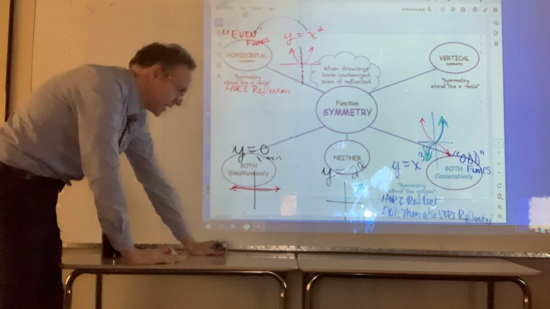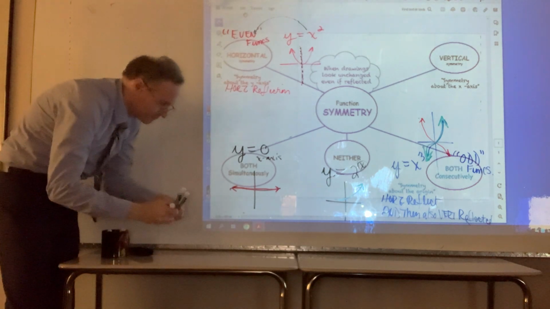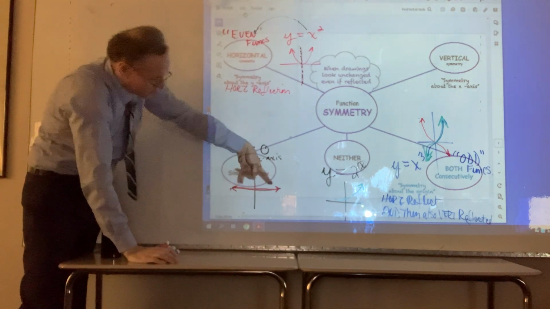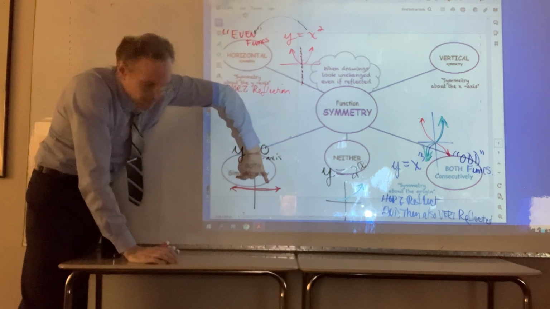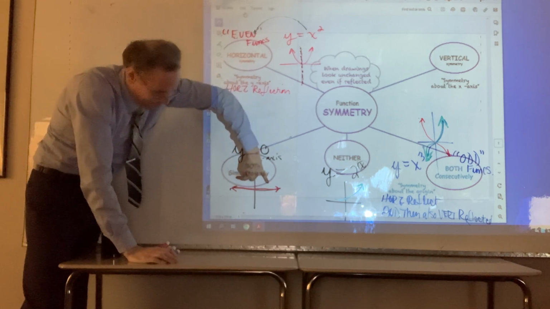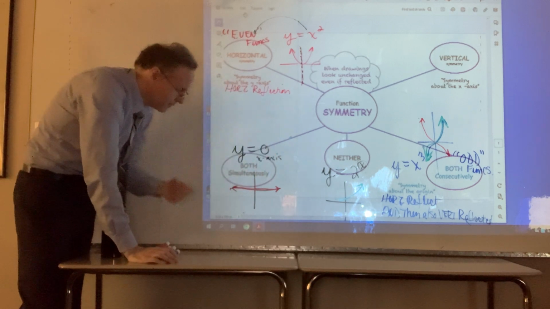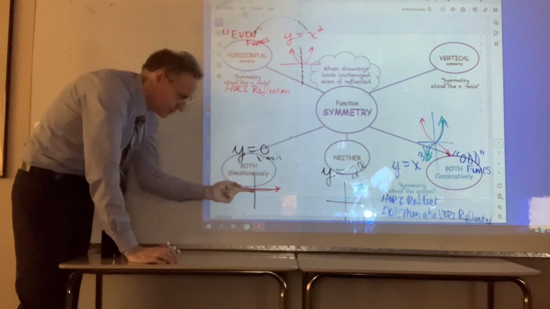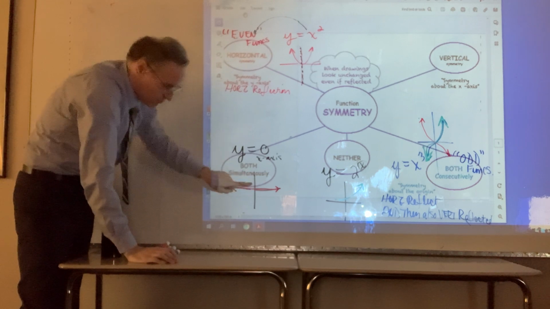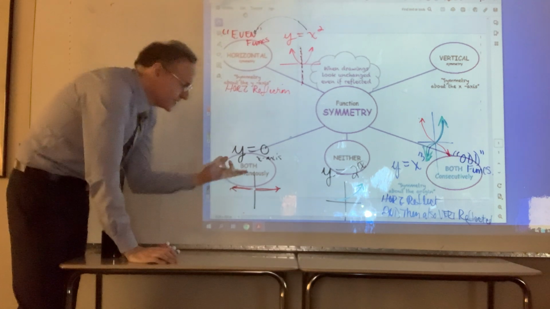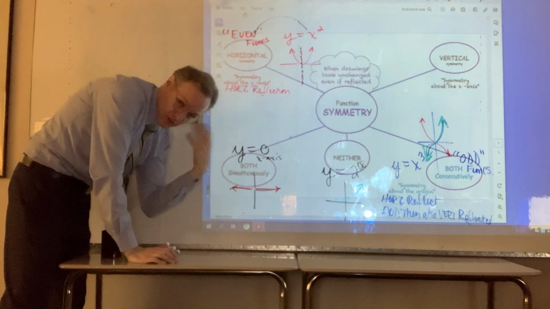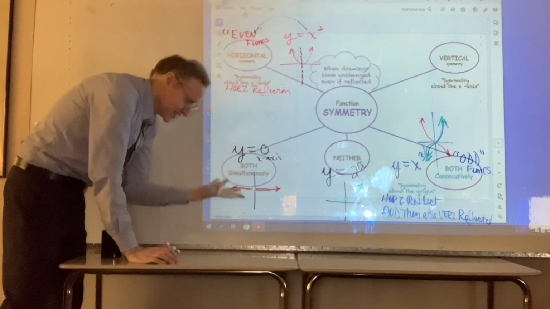Imagine, although it would be pretty silly, you horizontally reflected this. It would look like the same thing. Imagine that you vertically reflected this. There's really no way to go. It is both of those conditions simultaneously. It's not going to change.